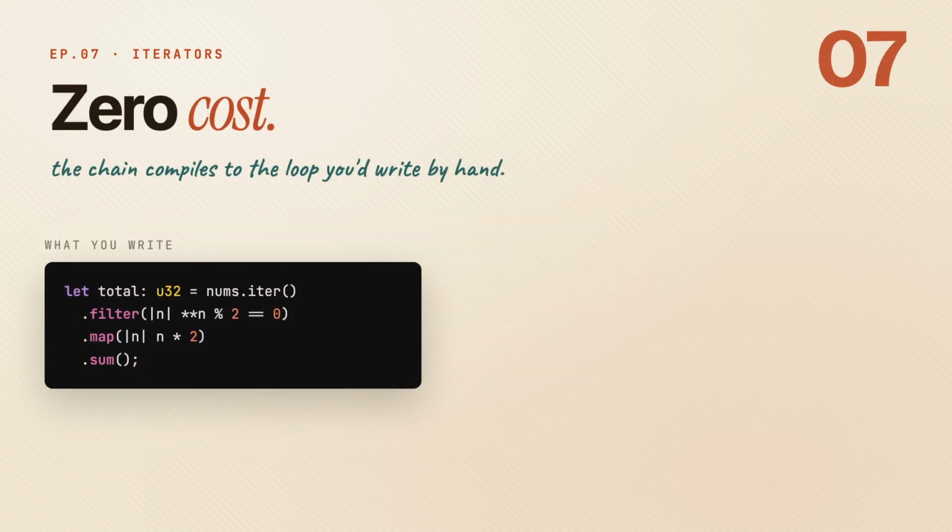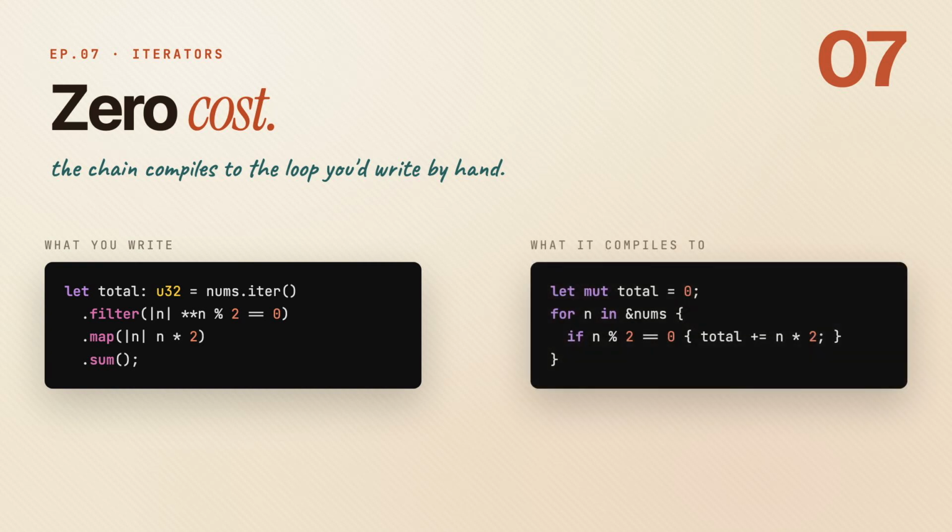It might seem like all this chaining is quite slow, but actually it is not. Because when you do this, here's what you write, and here is what the compiler turns it into. It's the exact loop you'd write by hand, more or less the same machine code, with no extra cost for the nice syntax.